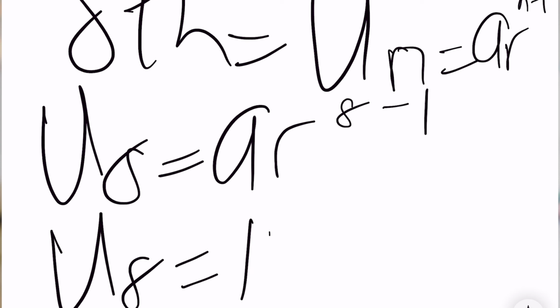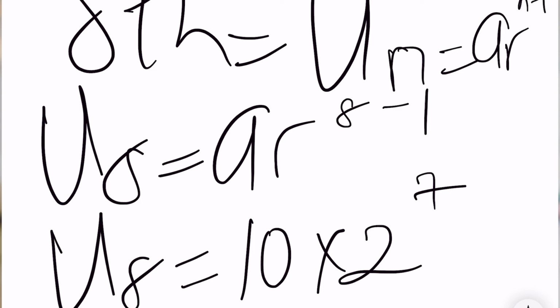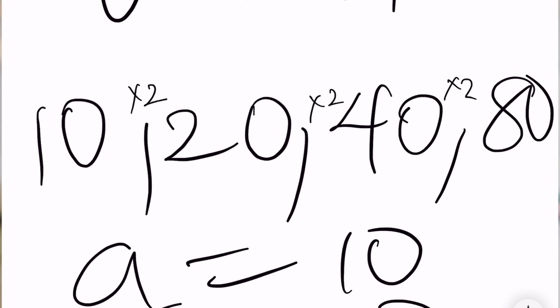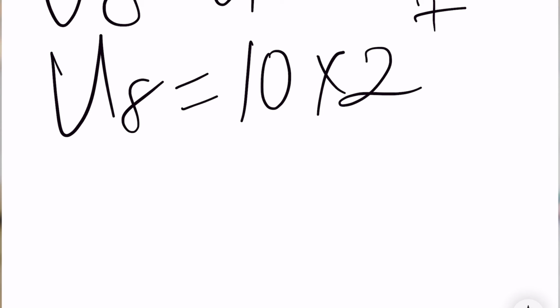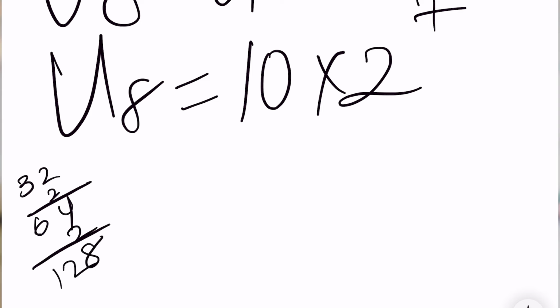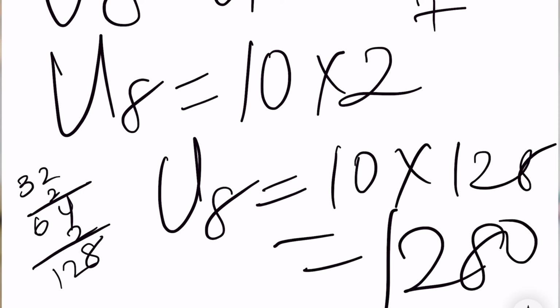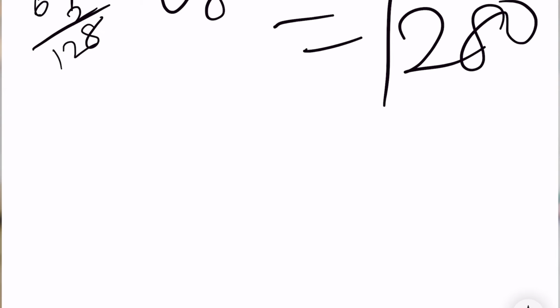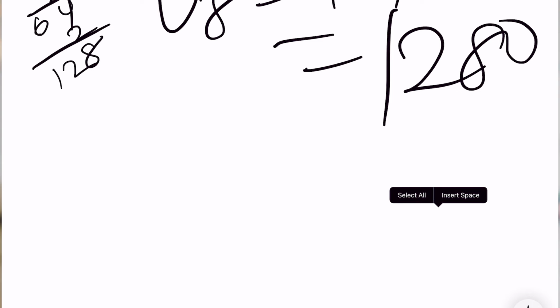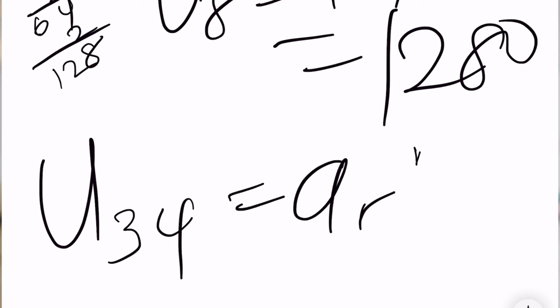So we have U8 to be 10 times 2 raised to power 7. 2 raised to power 7 is 2 times 2, 4, 4 times 2, 8, 8 times 2, 16, 16 times 2 is 32, 32 times 2 is 64, and 64 times 2 is 128. So we have 10 times 128, which is 1280.